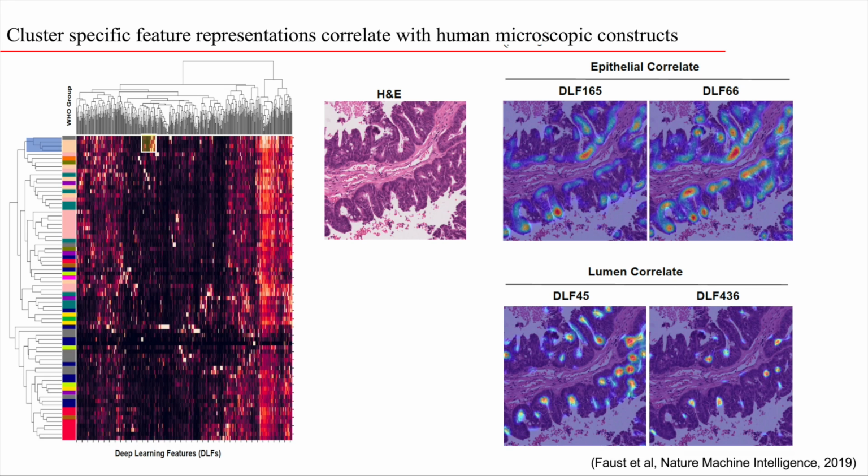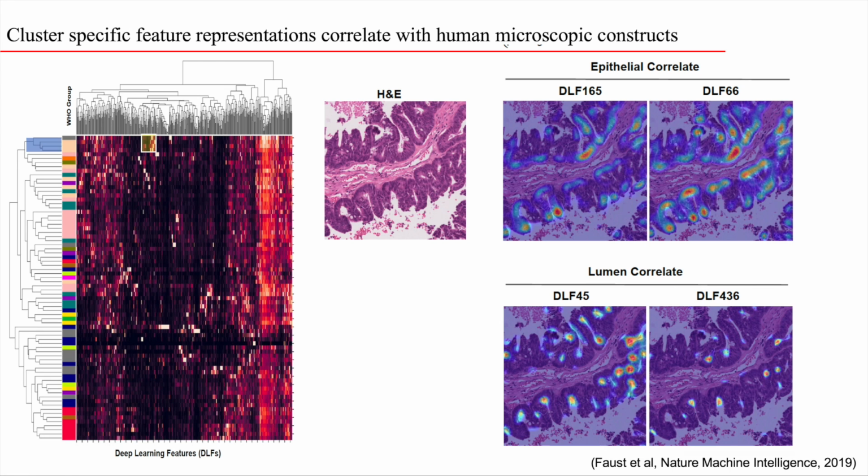And you can see here, we can start to learn how a computer is organizing these specific cases. And as we see here, it's in fact doing it with the same features, whether it be the epithelial component or the luminal component, as many humans do.